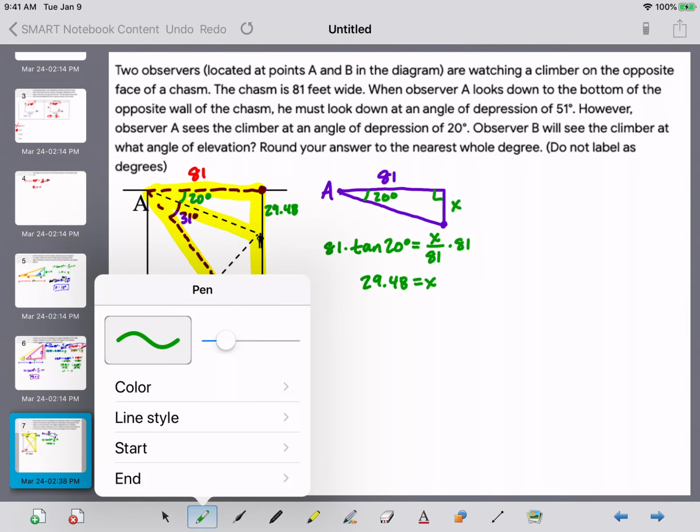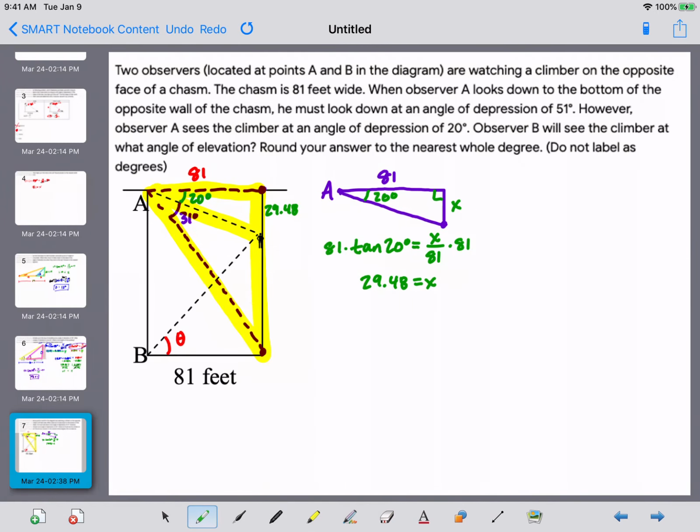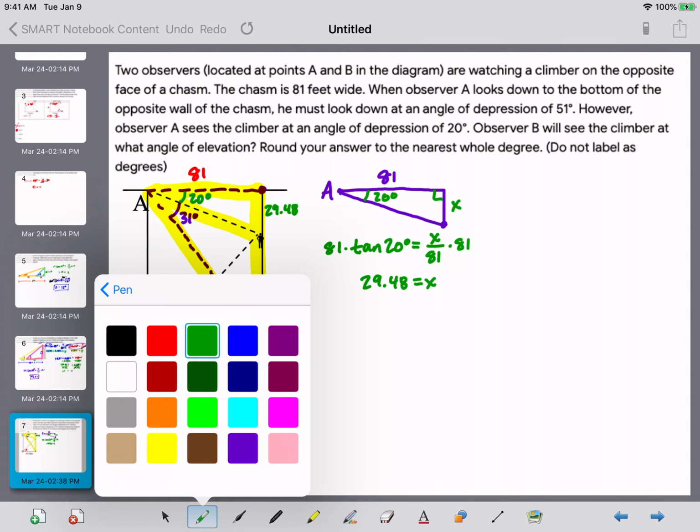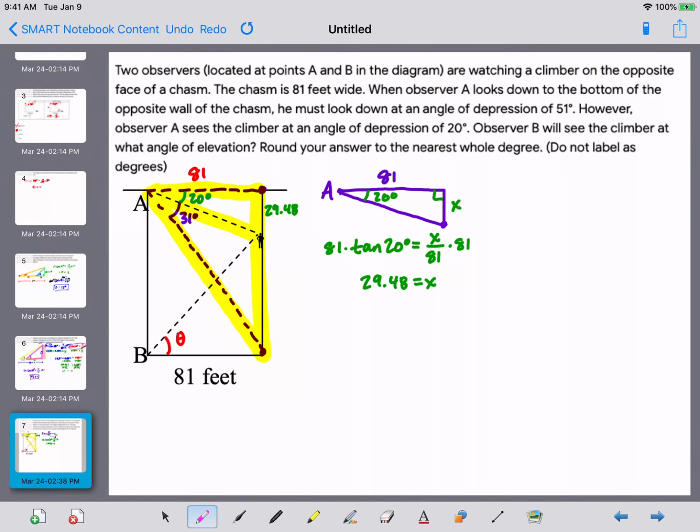And then I'm going to do the same thing with the 51 degree angle. So I'm looking at this big boy here. I'm going to redraw that. Actually, I'm going to cheat because I can. I'm going to take this. There it is. Ta-da. And this is 51 degrees, that entire angle.